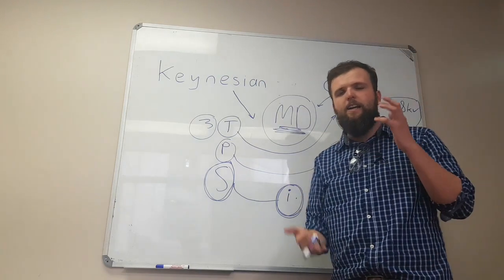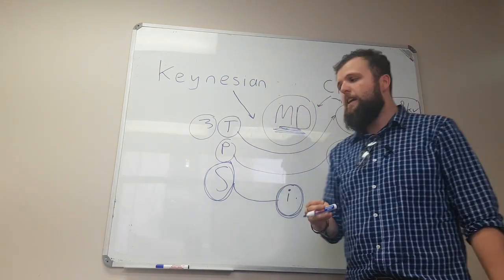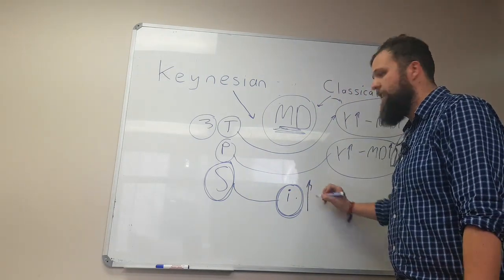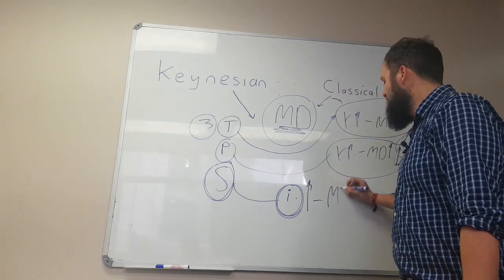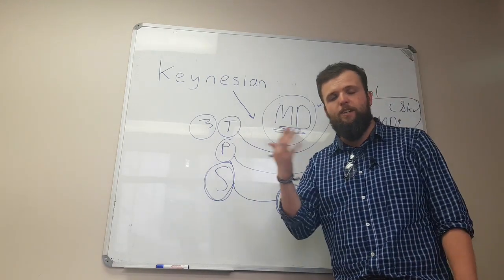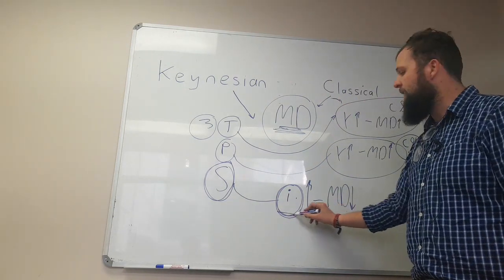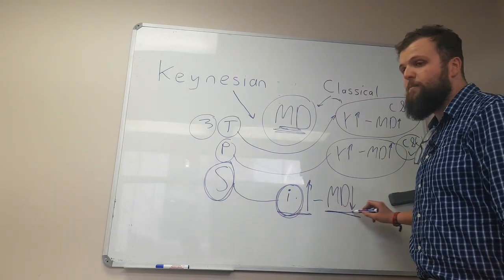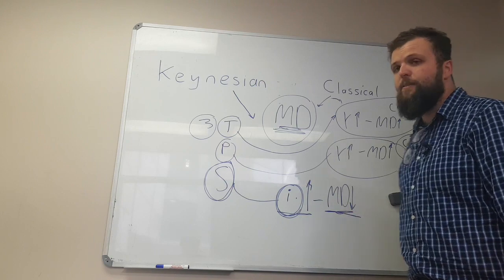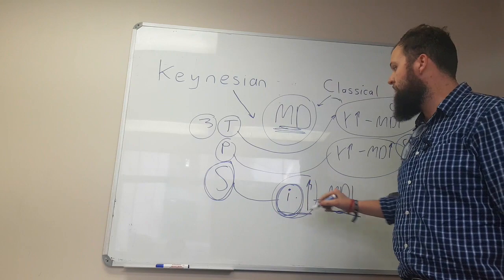You keep money either in your bank account, or in your wallet, or you keep money in shares and bonds. If the interest rates are very high, then you would keep less money in your wallet because you can invest more of it in shares and bonds. Very important again: if the interest rates are very high, you will keep less money, so money demand goes down.